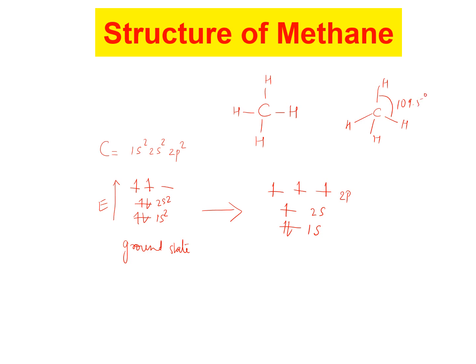Also, they have exactly the same bond length. So if you have 4 electrons which are in 2 different kinds of orbitals, that doesn't explain how they can have all the bond angles exactly the same and all the bond lengths the same. So that is where the concept of hybridization comes in.